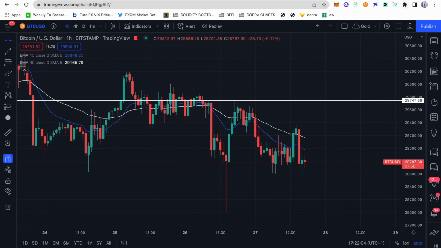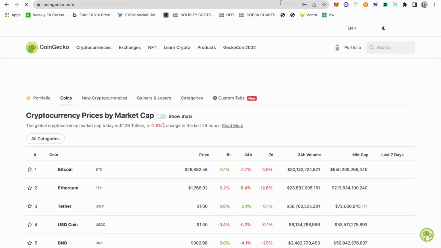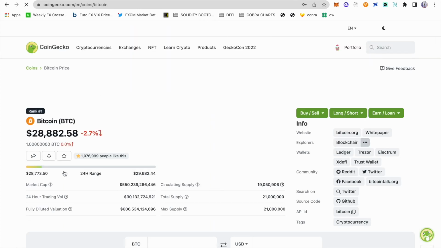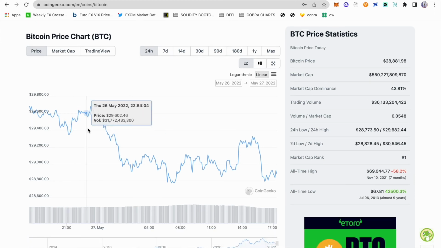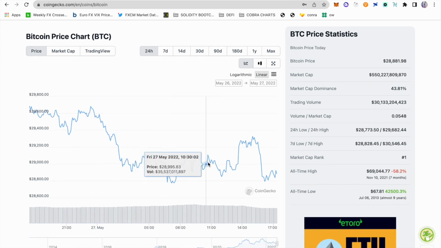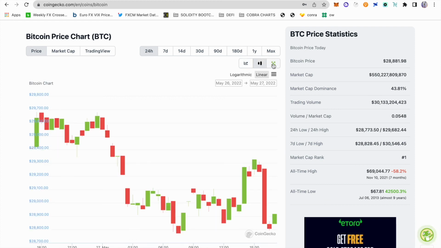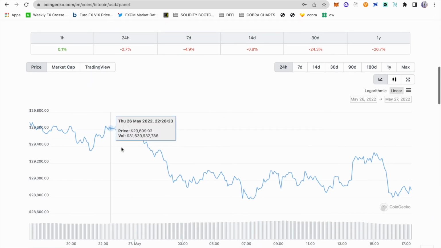If you go to a website like CoinGecko, you'll realize these tokens aren't just giving you stats of their price action, but if you click here, you'll see that there's a line graph with current price action, and you can choose between line graph and candlesticks. You can even expand the size of these and see a bigger picture.